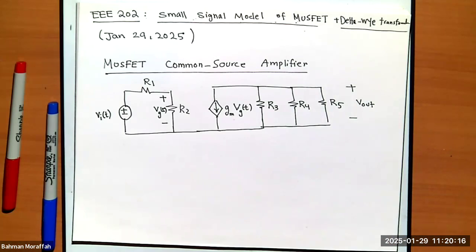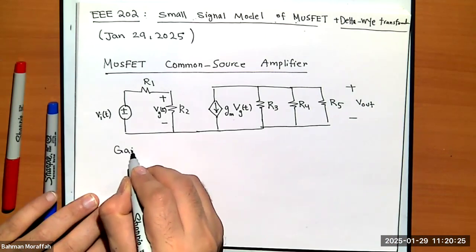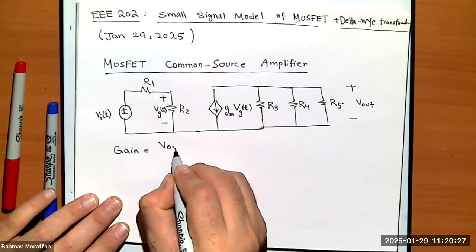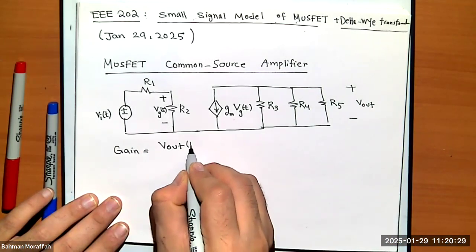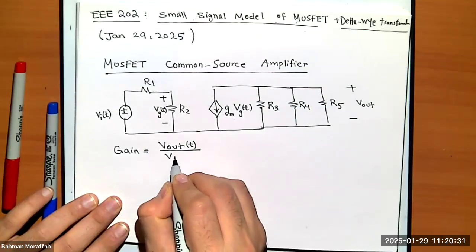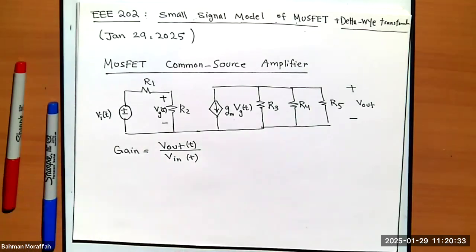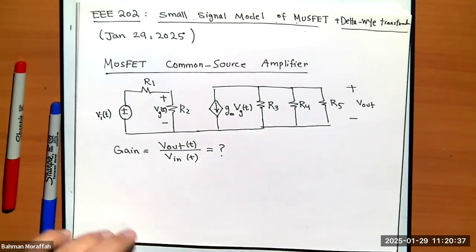How would a little bit of change in input impact my output? So basically what I'm also interested in is the gain, which is the ratio of output to input, which is something that I want to find.